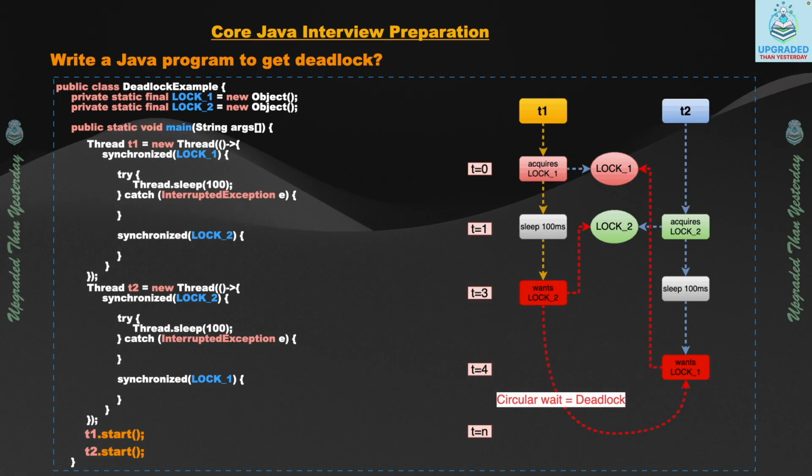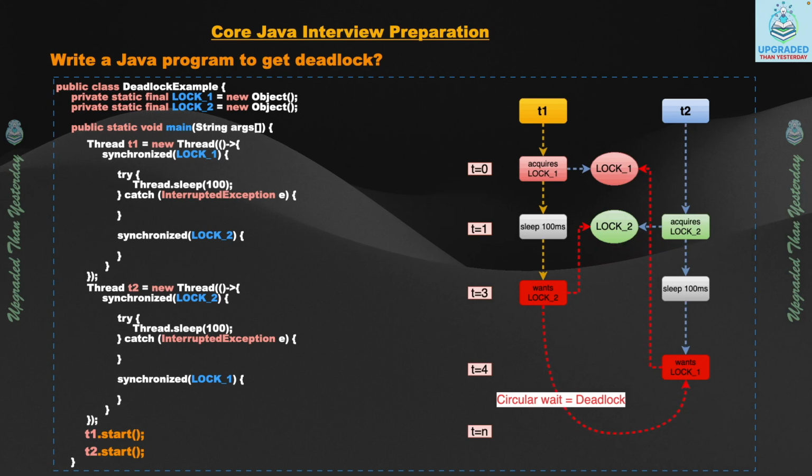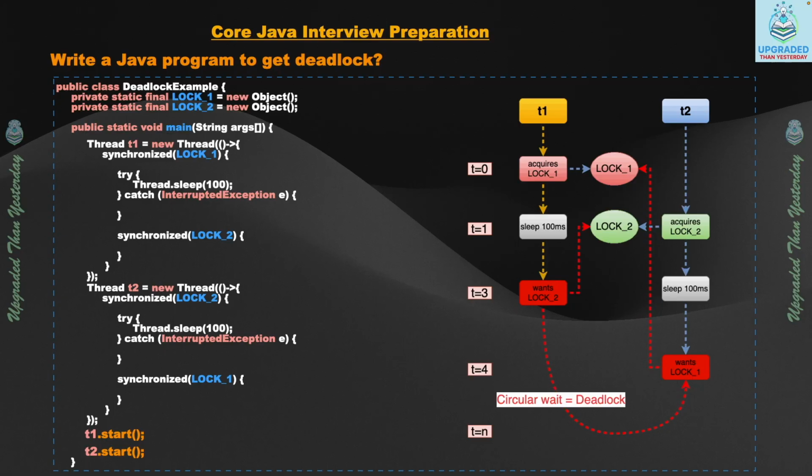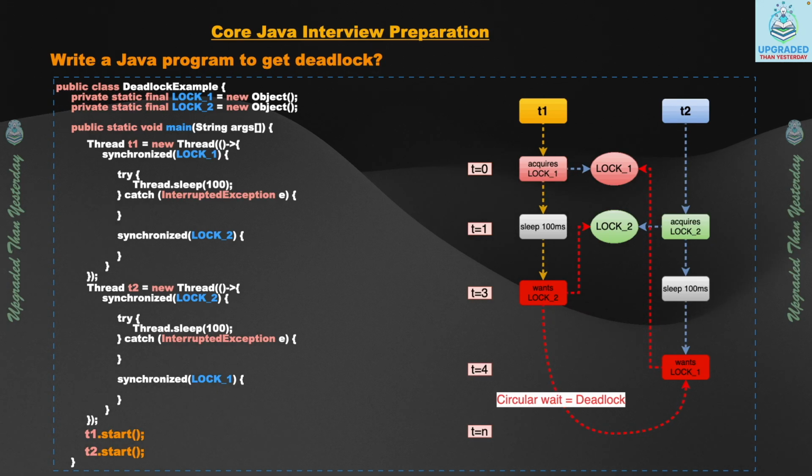Now when the sleep is over, T1 goes to acquire log2, but since it is already held by T2, it will go to the waiting state. Similarly, T2 wakes up, goes to acquire log1, but since it is already held by T1, T2 will go to the waiting state. This way, both the threads will be waiting for the locks forever.